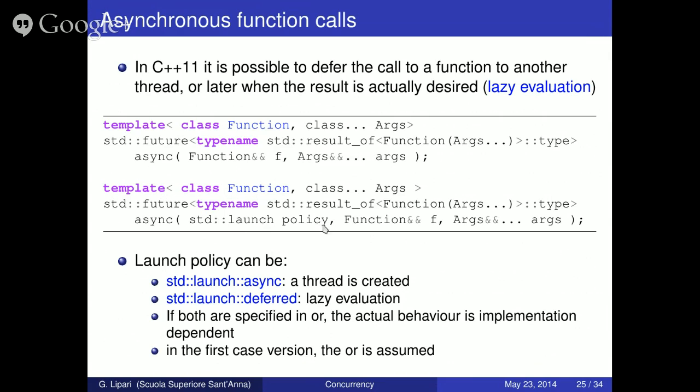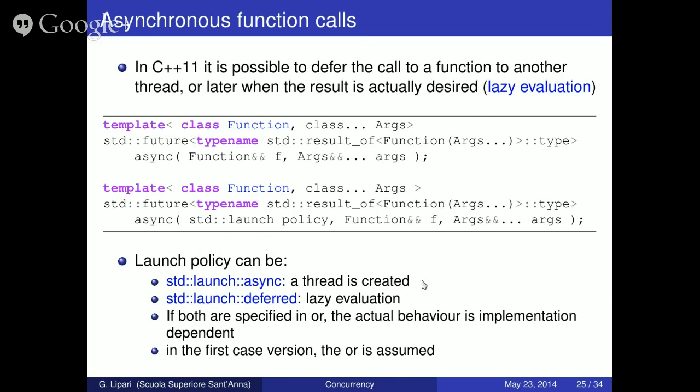And the second one is the most general and takes an argument that is called the launch policy. And the launch policy can be async, that means I'm going to create a thread, or it can be deferred, that means I'm not executing the function now, but I'm going to execute it later when I really need it. I can also specify both in OR mode, the logical OR between the two.